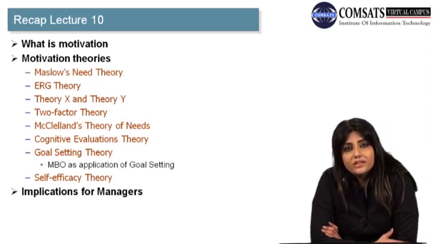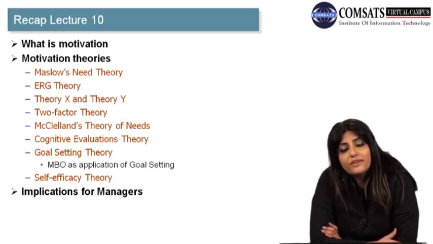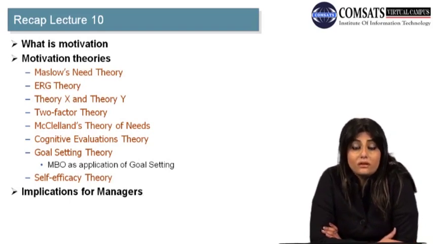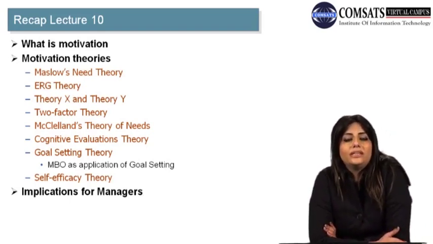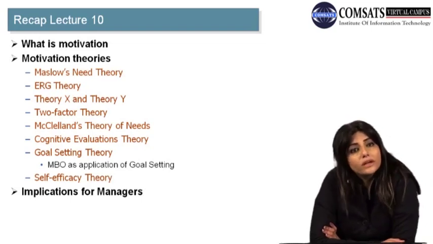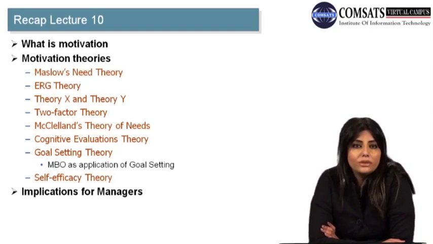If they are provided to the individuals, it will lead to lesser job dissatisfaction or no job dissatisfaction. But if they are not there, then the individuals will be dissatisfied with their jobs.